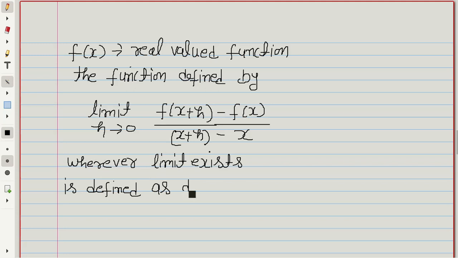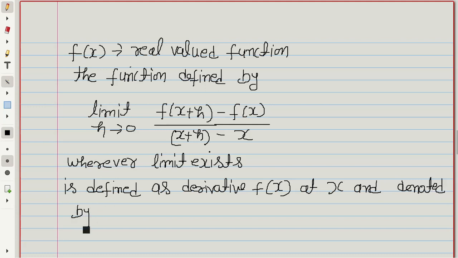It is defined as the derivative of f(x) at point x and denoted by f dash x or d f(x) upon dx.